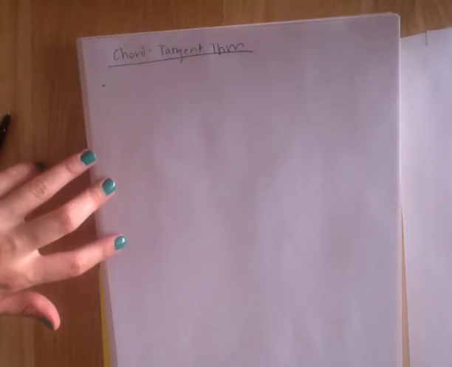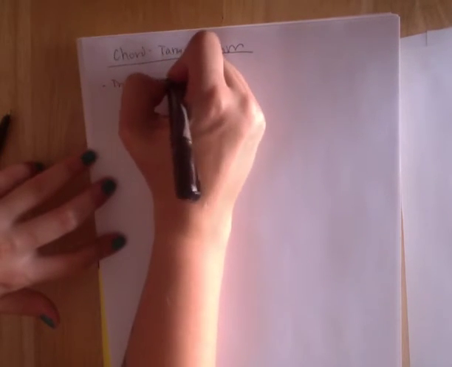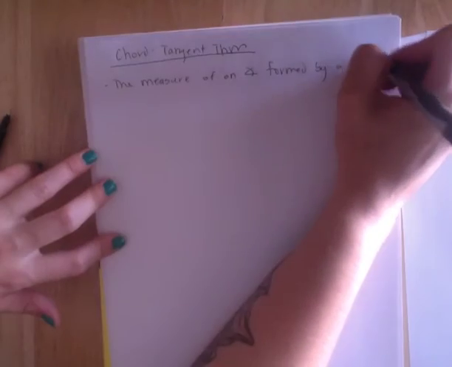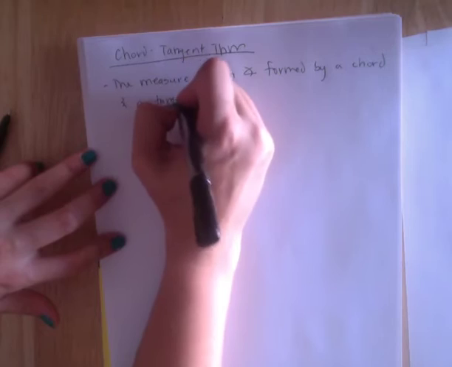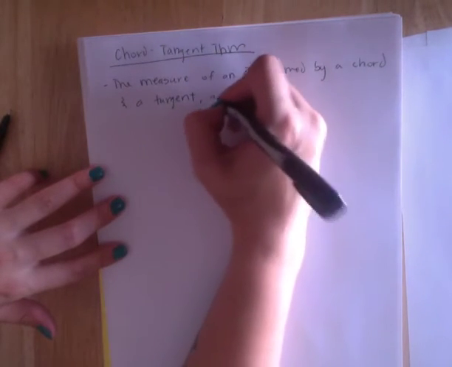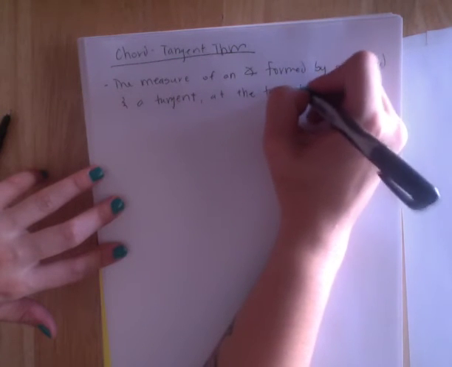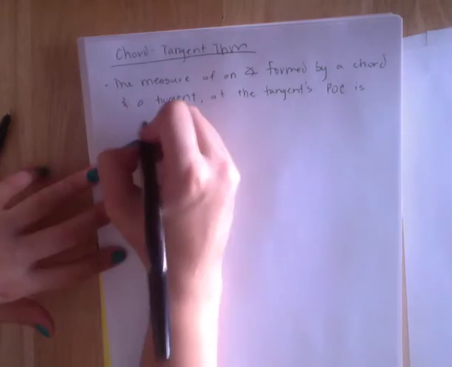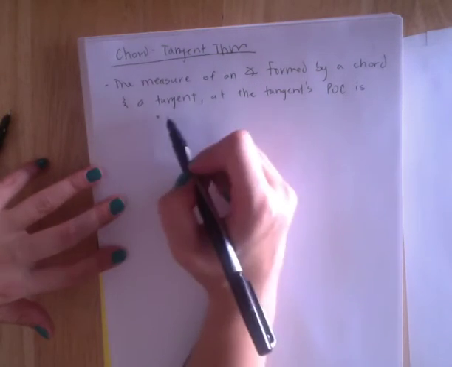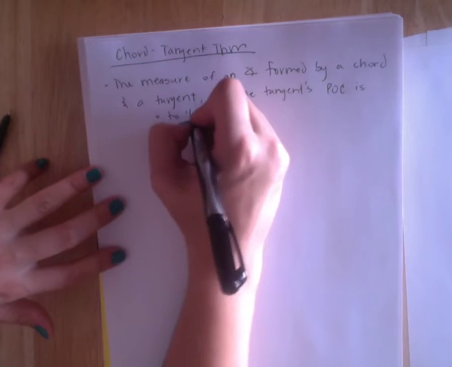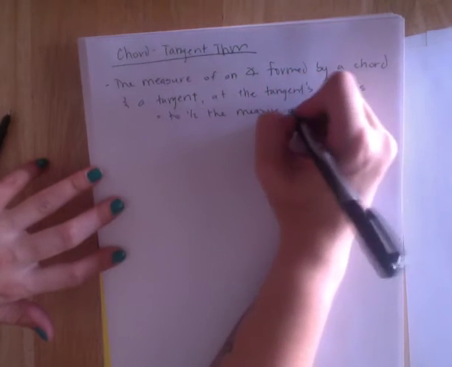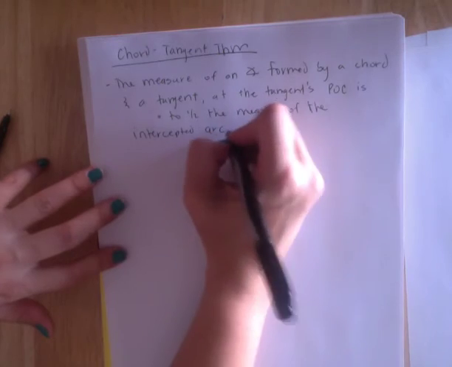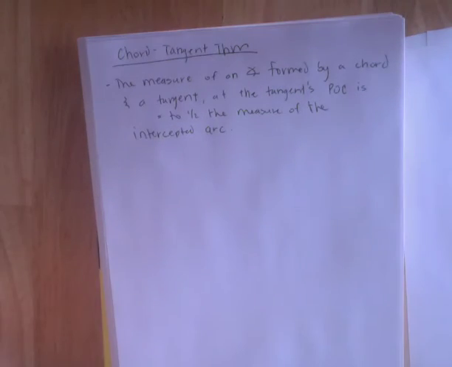Our chord-tangent theorem says that the measure of an angle formed by a chord and a tangent at the tangent's POC, point of contact, so the measure of the angle is equal to 1/2 the measure of the intercepted arc. Okay, very similar to inscribed angles.